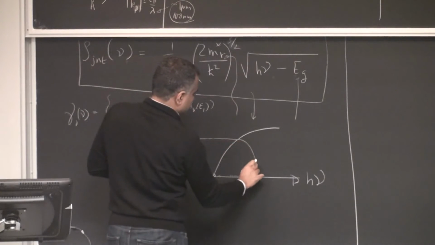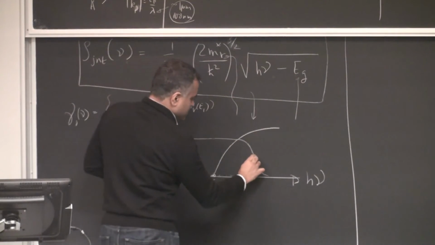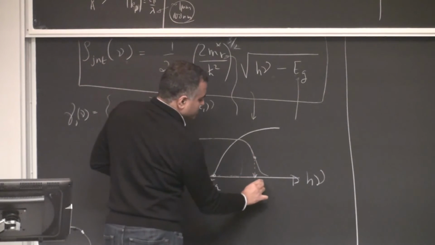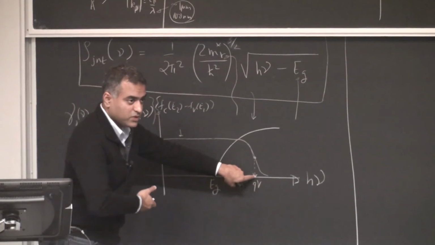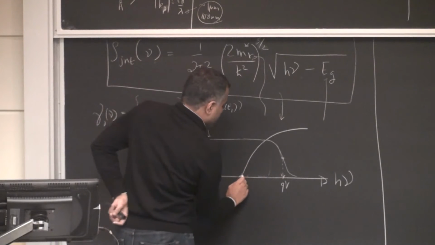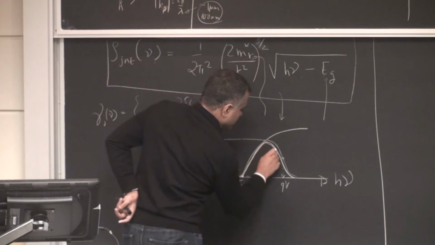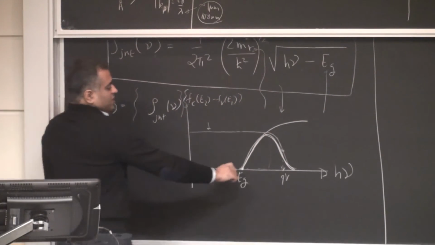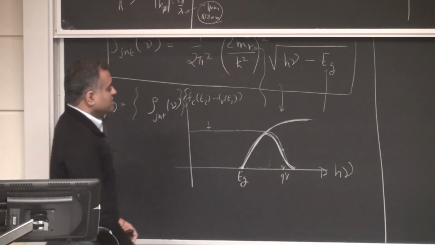It will be 1 for most energies till you hit a certain value here. And we'll see that this value will be controlled by a battery with a voltage V. So when I take a product of these two, I will get a gain spectrum which may look something like that. So that will be our gain spectrum in the end. We're going to show that now. Once you make your semiconductor device, the joint density of states is fixed.